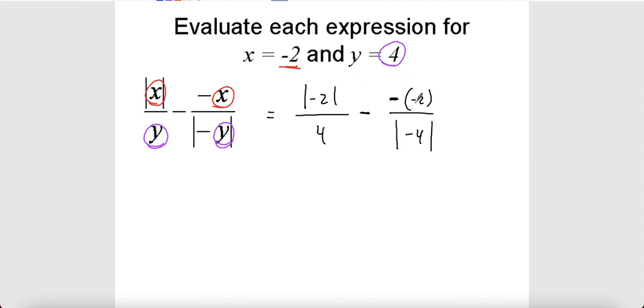Okay, just working through here, simplifying. Got 2 over 4 minus 2 over 4. Well, any number minus itself is going to be 0, but you could also say 2 minus 2 over 4 is 0 over 4, which is 0.